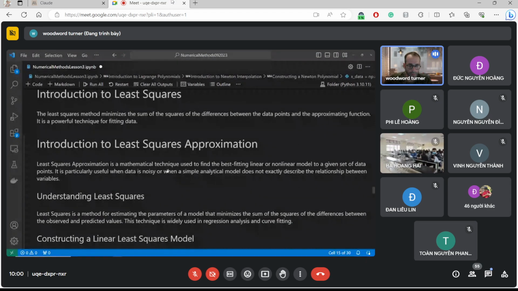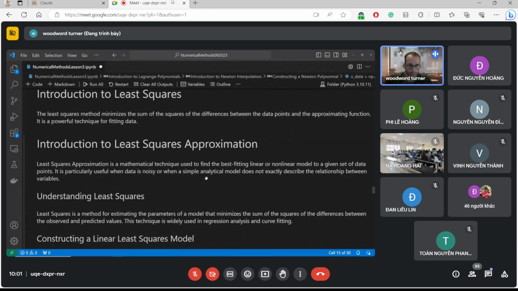So this is a mathematical technique, and we want to find the best fitting linear or nonlinear model to a given set of data points. And it's really useful when we have noisy data, or when you can see like a linear trend in your X and Y values. So you might choose something like this because you would say, okay, I can maybe approximate this with a line, but there is a nonlinear version, and I'll show you that tonight as well.